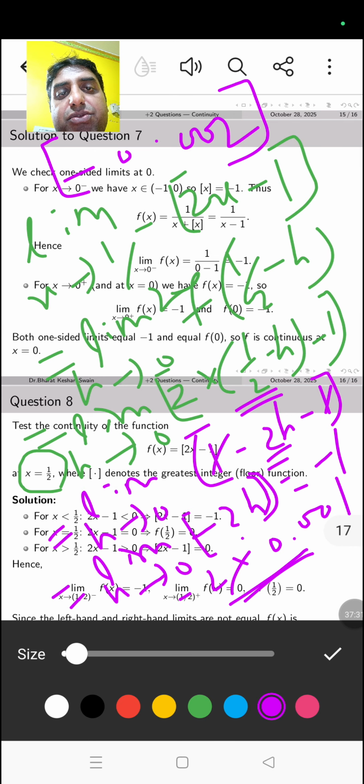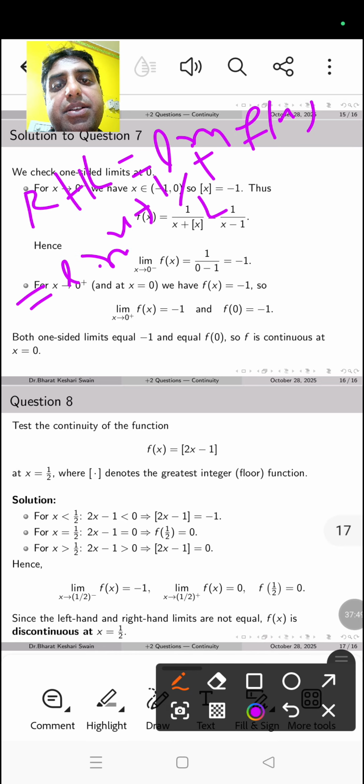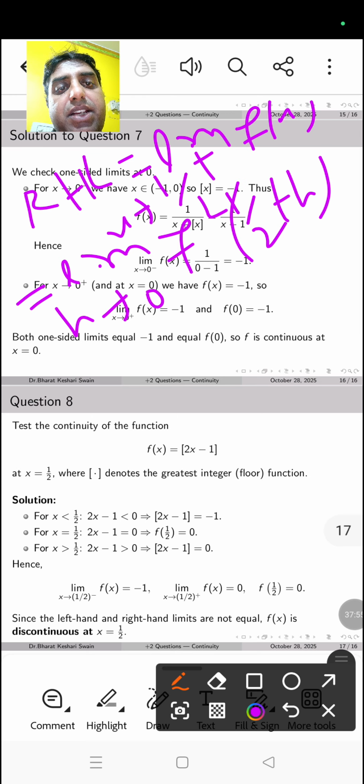Now come to the right hand limit. RHL is equal to limit x tends to half plus of f of x, and you can write limit h tends to 0 of f of half plus h. So what is your function?